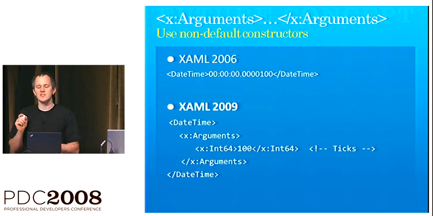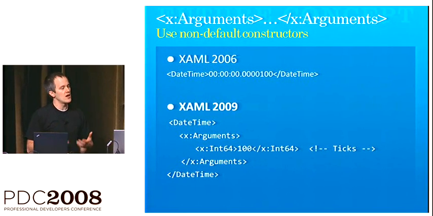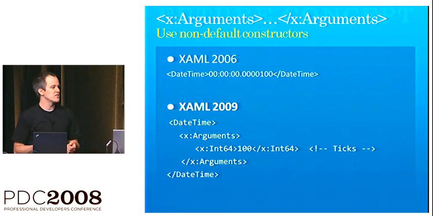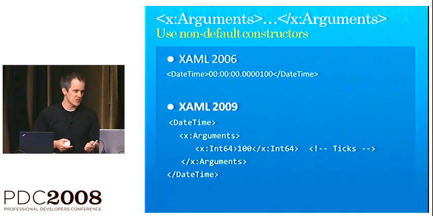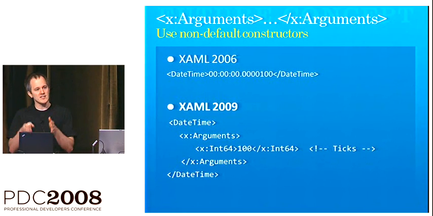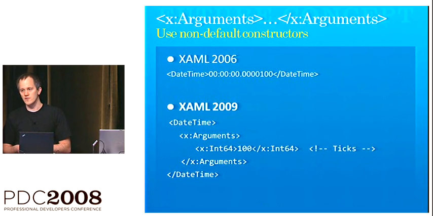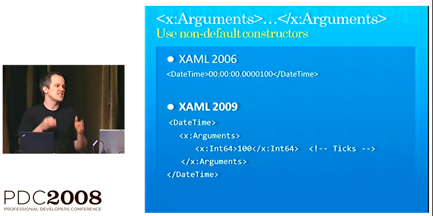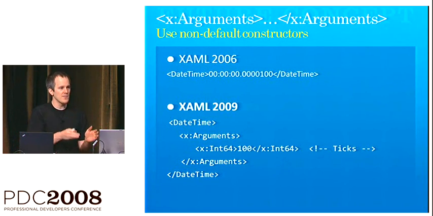In XAML 2009, you can now leverage non-default constructors using the new x:Arguments directive. This allows me to specify arguments for non-default constructors, so I can just say, I want a DateTime for 100 ticks.